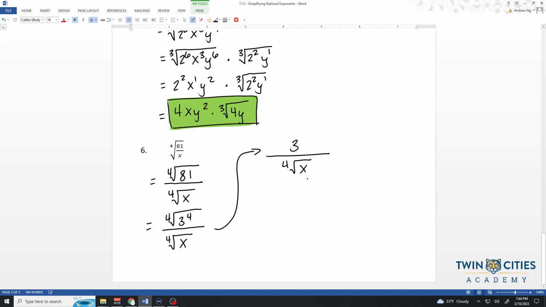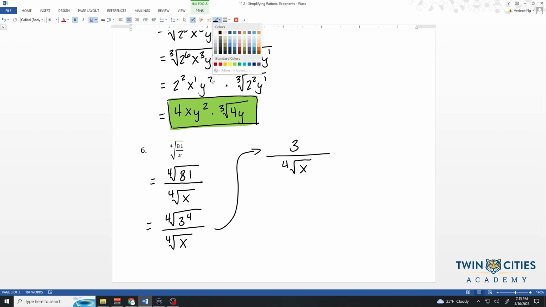And what I'm thinking of here is I want to rationalize this. And so I've got the 4th root of x. What I would need are 3 more of these 4th root of x's so that there are 4 of them in total.